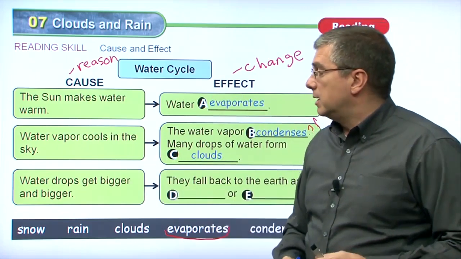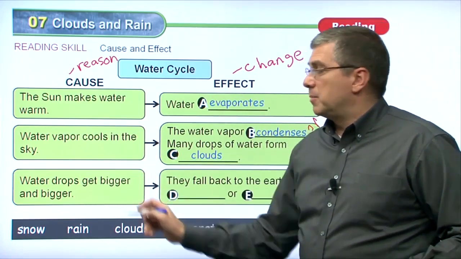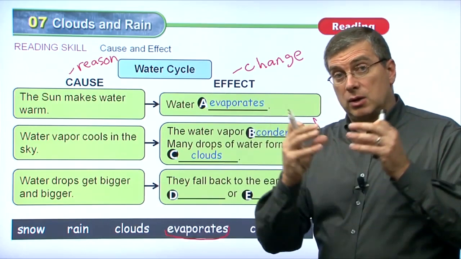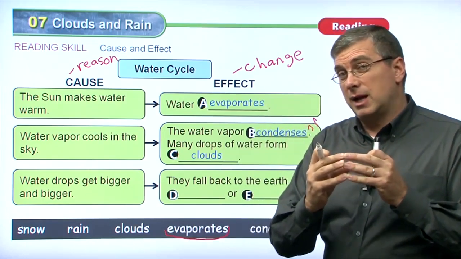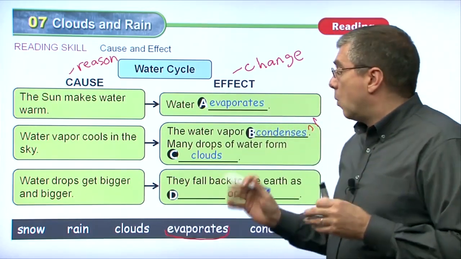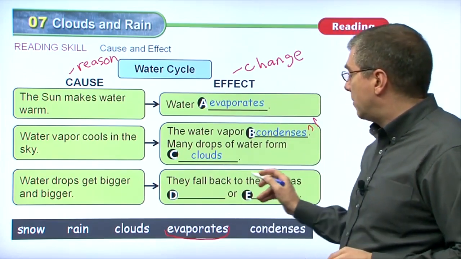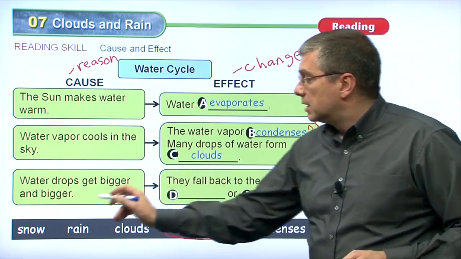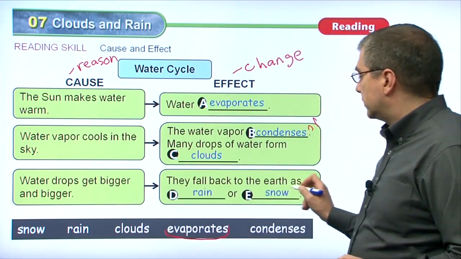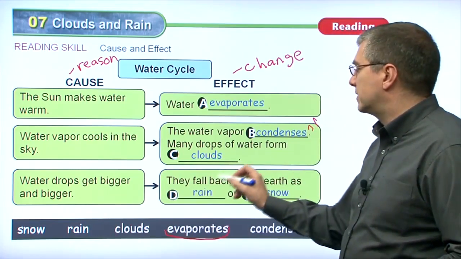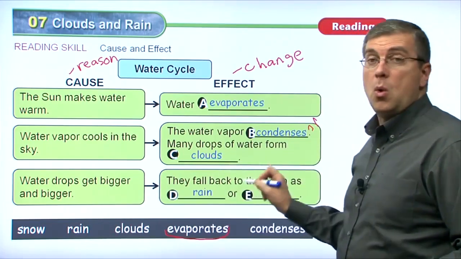In the third one, we have water drops get bigger and bigger. So water drops are getting bigger and bigger. That's the reason, right? That's the cause. What happens? What's the change? They fall back to the earth as rain or snow. Of course, you could switch these around. You could say they fall back to the earth as snow or rain.